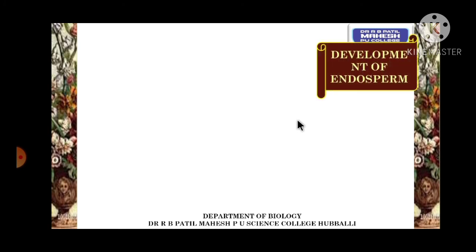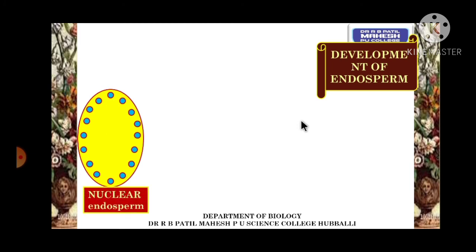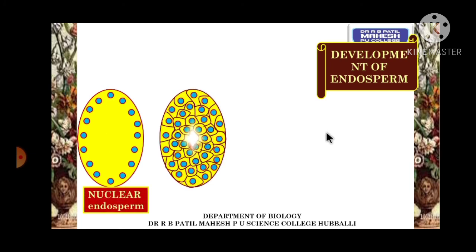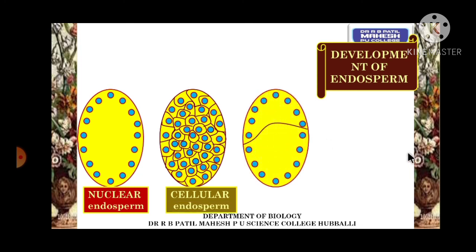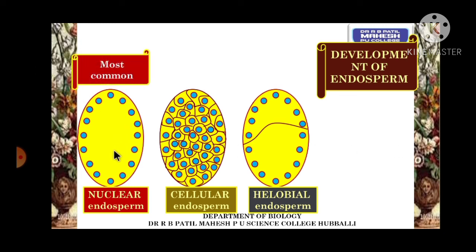Now let us try to understand once again the development of endosperm. The first one is called nuclear endosperm, the second one is called cellular endosperm, whereas the third one is called Halobial endosperm. Hope you remember, students, what happens in the nuclear endosperm. Only karyokinesis takes place, not immediately followed by cytokinesis.